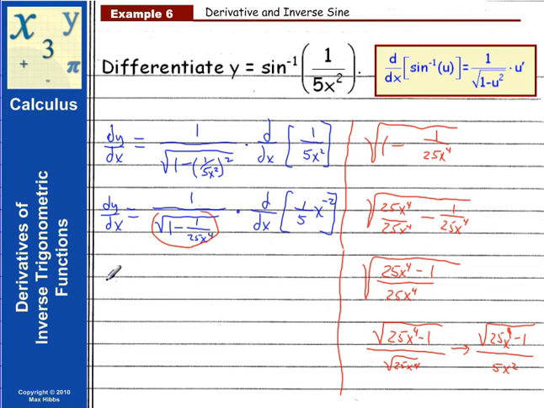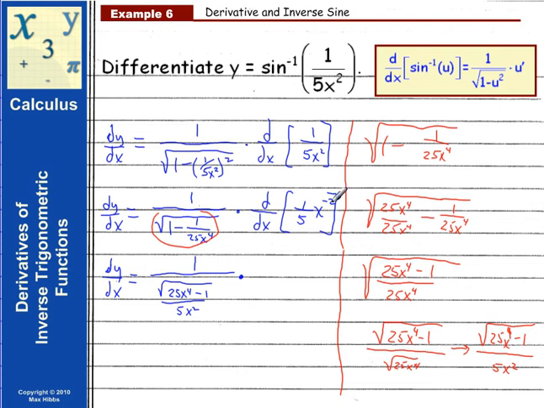So I've got the derivative of y with respect to x is a fraction which is 1 divided by this fraction I just determined, which is the square root of 25x to the fourth minus 1 divided by 5x squared, times. Okay, now let's look at this derivative.